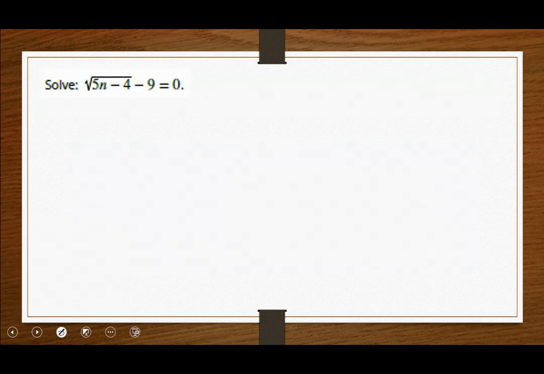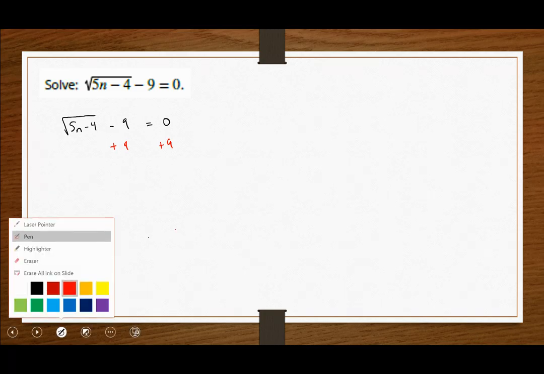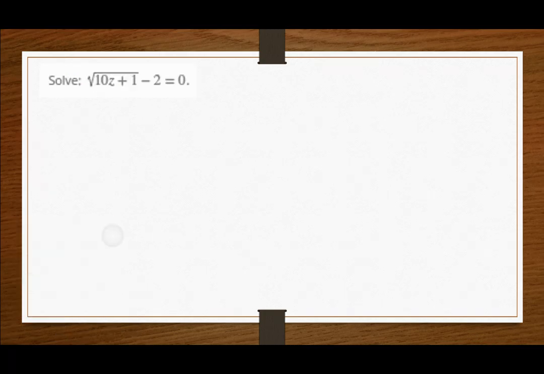In our first example, we need to start by isolating our radical so that we can undo that operation. So the key here is to recognize that we have our radical expression and some constant on one side of the equation first off. We can move that constant to the other side by addition, leaving me with just the radical by itself.